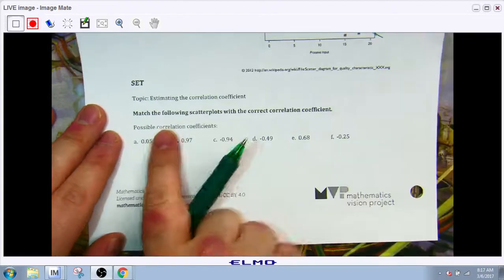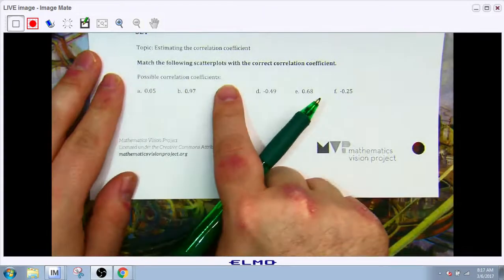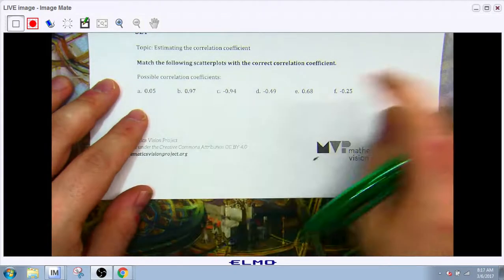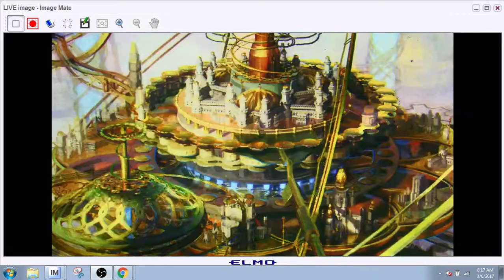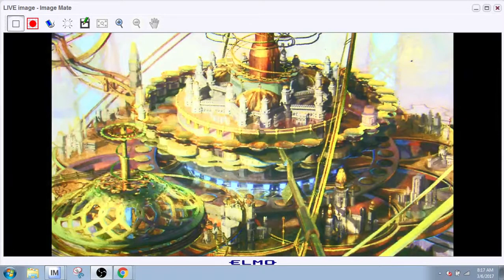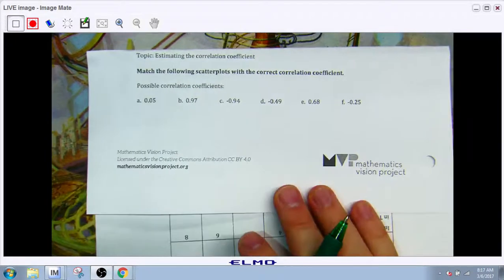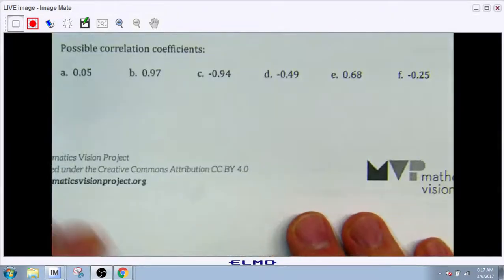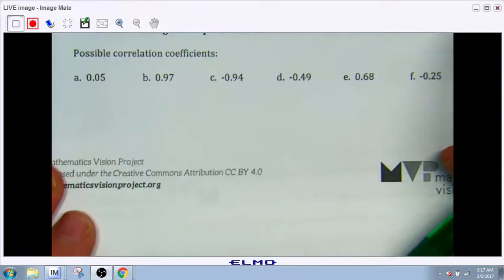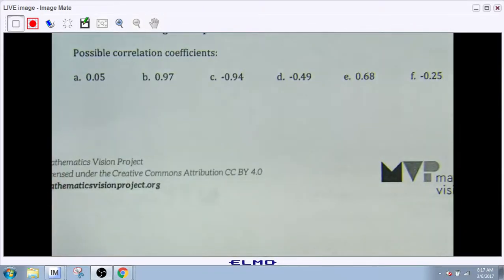So we have these correlation coefficients given to us here. Let me go over real quickly what our criteria is for correlation coefficients. When we're talking about correlation coefficients, we're looking at two different axes of comparing them.